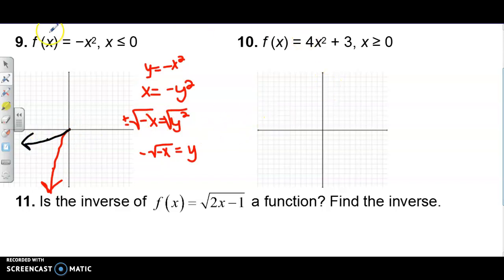Alright, for number 10, the first thing we'd want to do is replace f of x with y. Switch our x and y. Subtract 3.